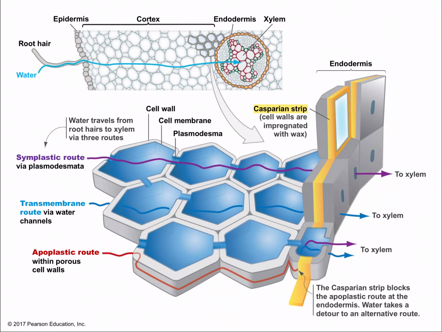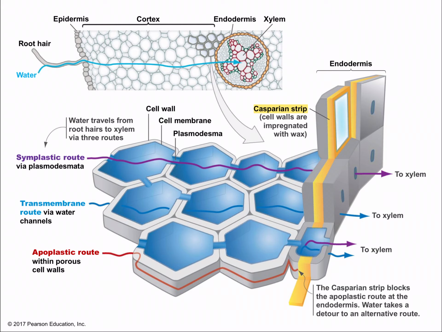So let's look at these 3 routes, and it looks a little bit scary at first, but it's really not bad. So the top route, again, what are we looking at here? Always want to orient ourselves. Here again, water goes in through the root hair, and it goes through the epidermis, the cortex, ultimately getting to the vascular tissue here, the xylem, but it's got to go through all of these cells. If it just goes through the plasmodesmata, it's going through the cells, and it's going to make its way to the xylem.